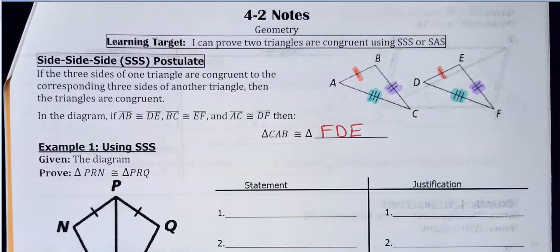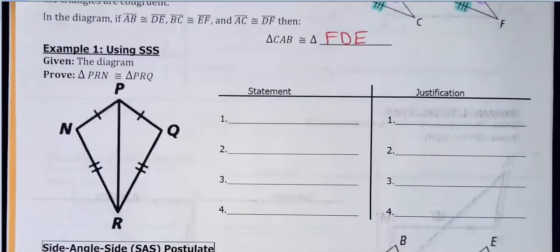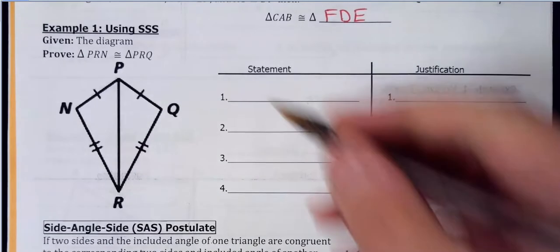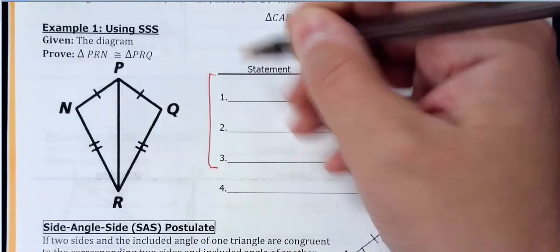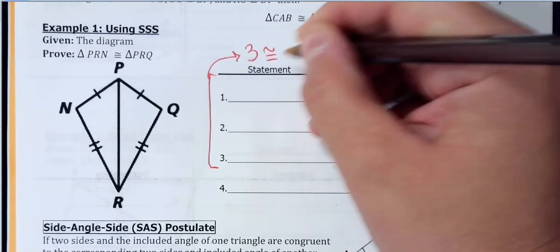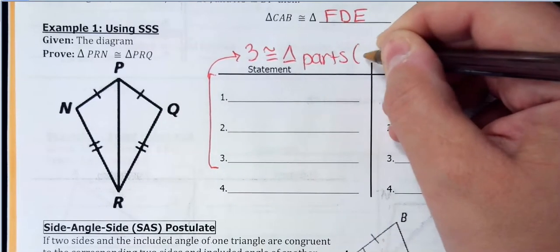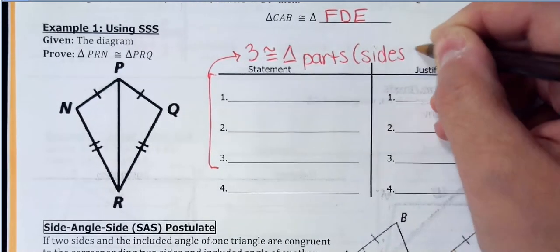Now, here's the deal with proofs in general. If you're going to prove 2 triangles are congruent, I don't need a bunch of information, but I need, for these first 3 steps, and these can come in any order, 3 congruent triangle parts. And when I say triangle parts, I mean sides or angles.